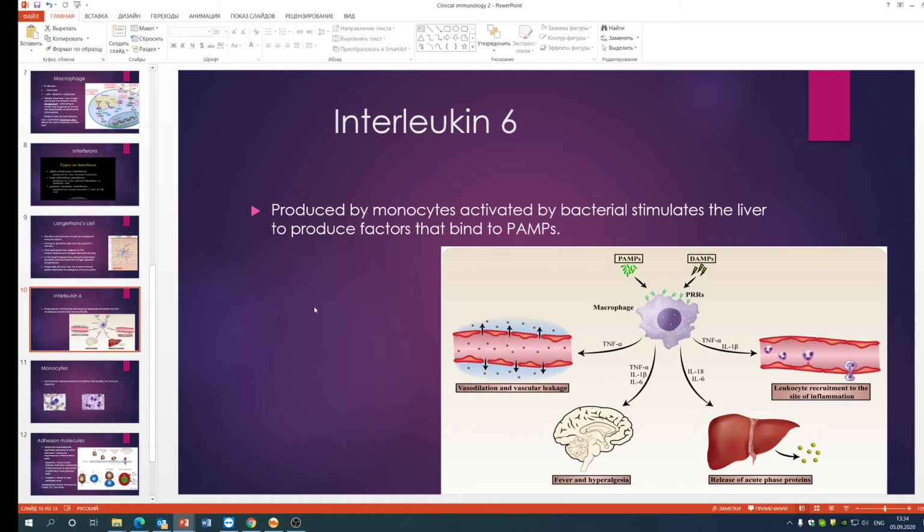Interleukin 6. Interleukin 6 is produced by monocytes activated by bacteria and stimulates the liver to produce factors that bind to pathogen-associated molecular patterns.